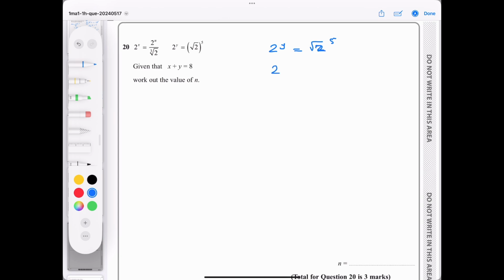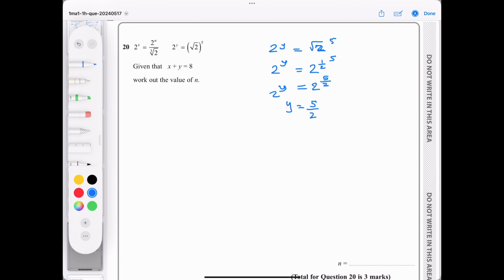So that means 2 to the y equals 2 to the half, to the 5. So that equals 2 to the 5 over 2. So y equals 5 over 2, or 2.5.